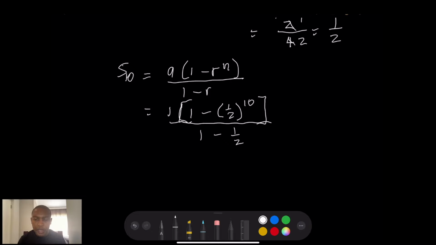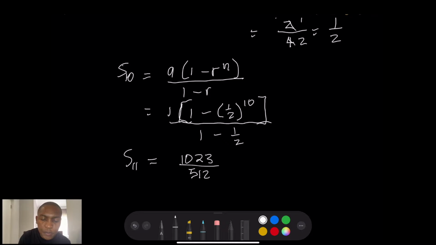Okay, and then divided by 1 over 2. Okay, right, 1 minus 1 over 2. Okay, and I get a value there. Right, you can express it as a fraction. The value that I got there was 1023 over 512.